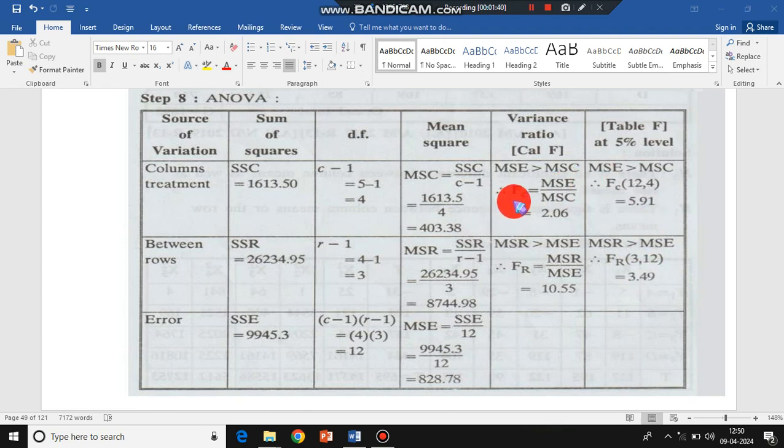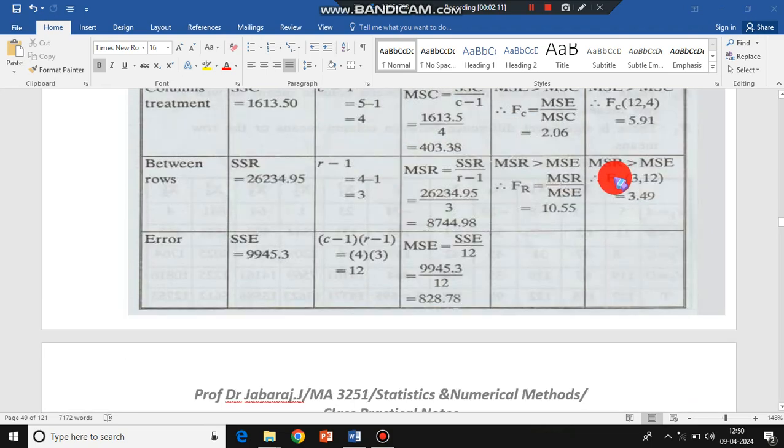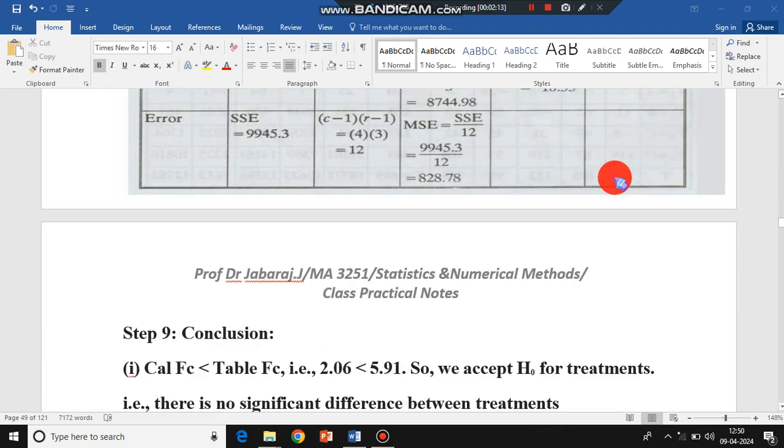So for two-way ANOVA we have to check whether there is no significant difference between columns, in our case treatments, as well as whether there is a significant difference between rows, that is, whether homogeneity exists or not. Here, row wise is what? The feed stuff that is given to us. So this table calculation is over by this time.